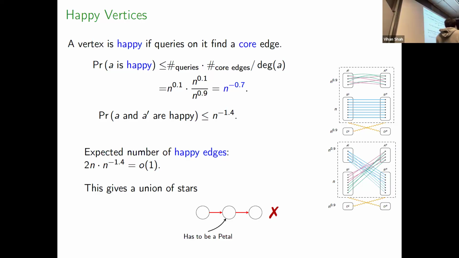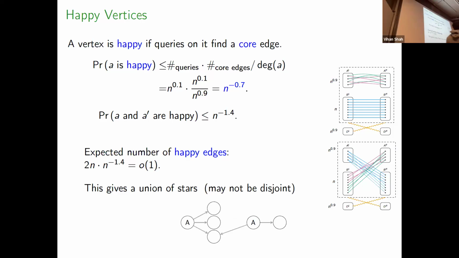And so this tells me I have a union of stars. Right? Because I cannot get something like this. If this is an edge, both of these cannot be. And okay, the stars may not be disjoint.